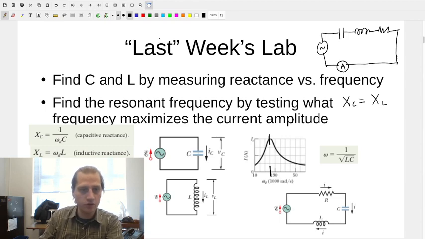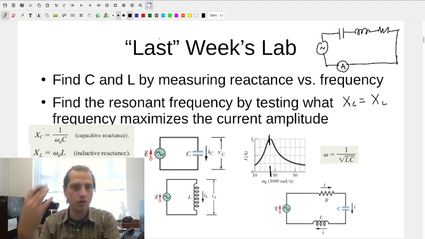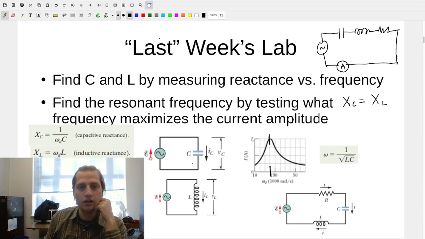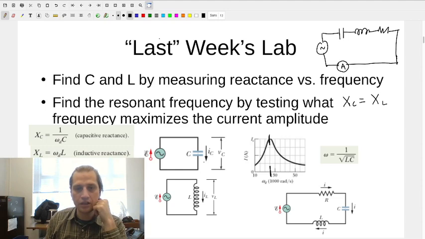So if you look at how these react, the capacitive reactance essentially gets smaller as the frequency gets bigger. In other words, if you just have a function generator and a capacitor, as the frequency gets bigger, the current gets bigger.